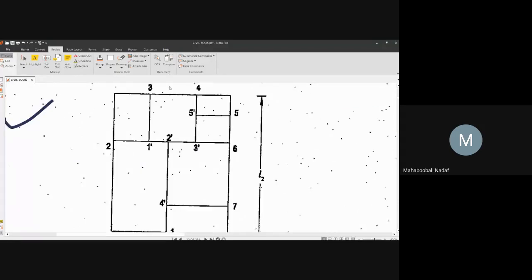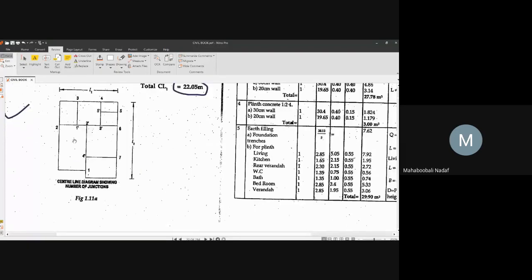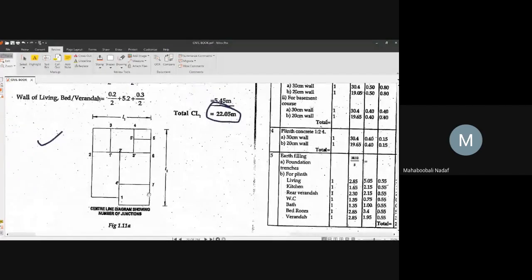They have marked the number of junctions here. See here, outside: 1, 2, 3, 4, 5, 6, 7. Seven are the junctions where the 20 centimeter wall is meeting with the 30 centimeter wall.